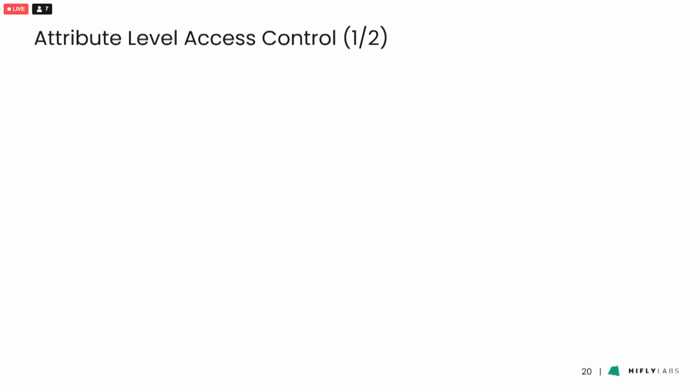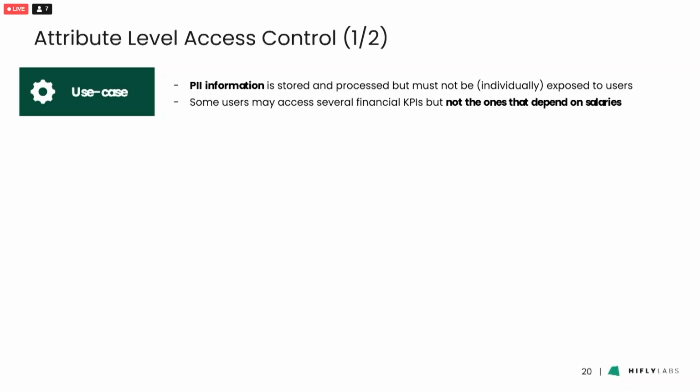and that's when it's not rows that you want to hide from users, but columns in a way. So, for example, if there are PII information in one of the columns, you may want to hide that from users, or maybe there are lots of KPIs in a table. Let's say all of your KPIs, but certain users are not allowed to access KPIs that depend on salaries or have some sort of protected information.